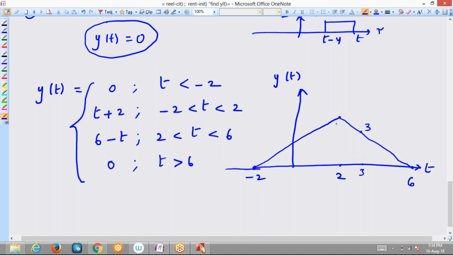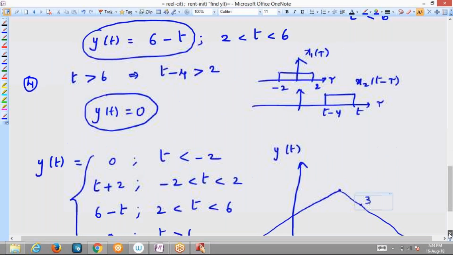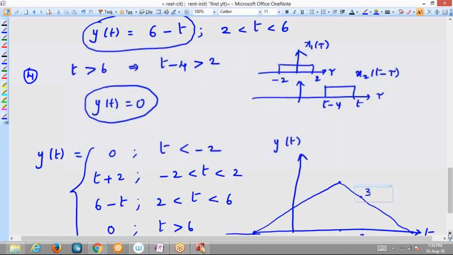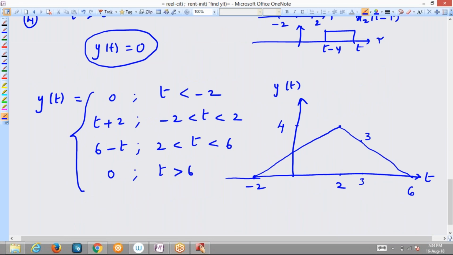We have the function y of t, that at 3 it is 3, and at 4 if we consider it is 6 minus 4, it is 2, and at 5 it is 6 minus 5, so that it is a falling ramp function.